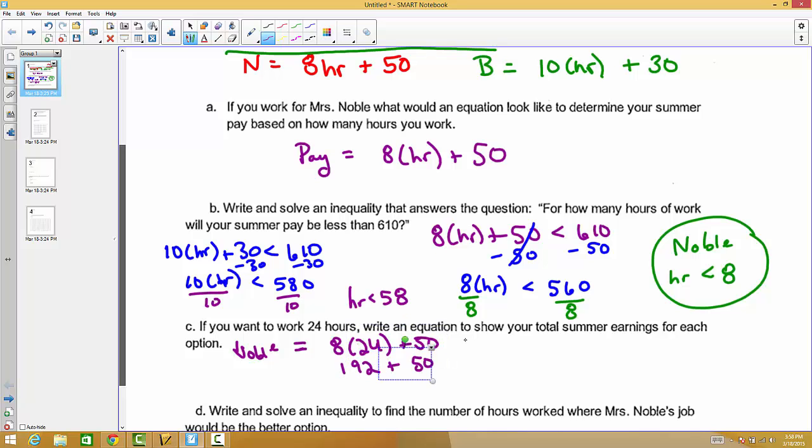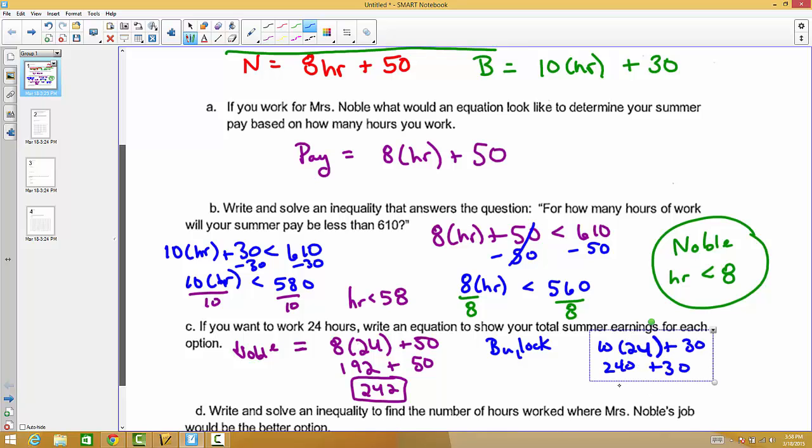And 192 plus 50 is equal to 242. Okay, and then for Mr. Bullock, you would have $10 times 24 hours plus 30. So 240 plus 30 is 270.